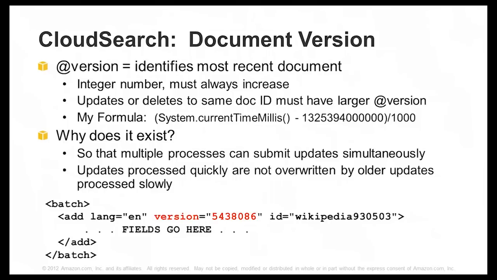You have a situation, across multiple threads or multiple processes, where a new version will take less time and an older version will take a long time, and then the old version overwrites the new version. And so you have all this synchronization code you have to write, which is kind of a real pain. CloudSearch does that all for you, and it's a fabulous thing.